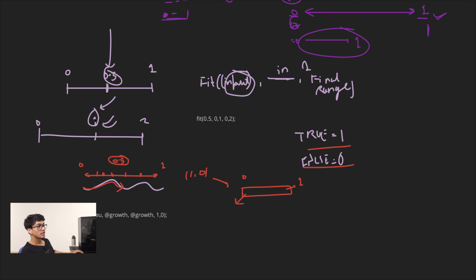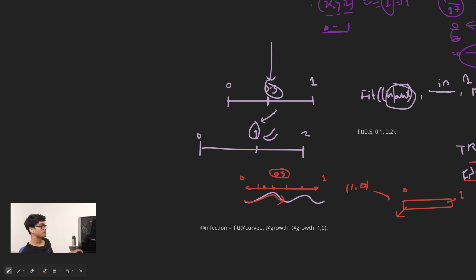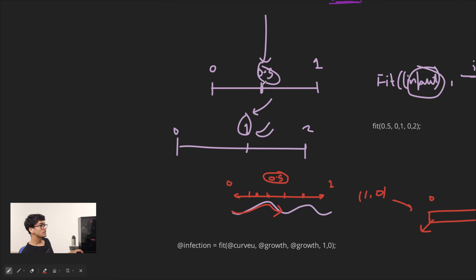If we are converting this range into this range, and what happens if I say this range is now from 0.5 to 0.5? Now we have a range which is just a single point, right?